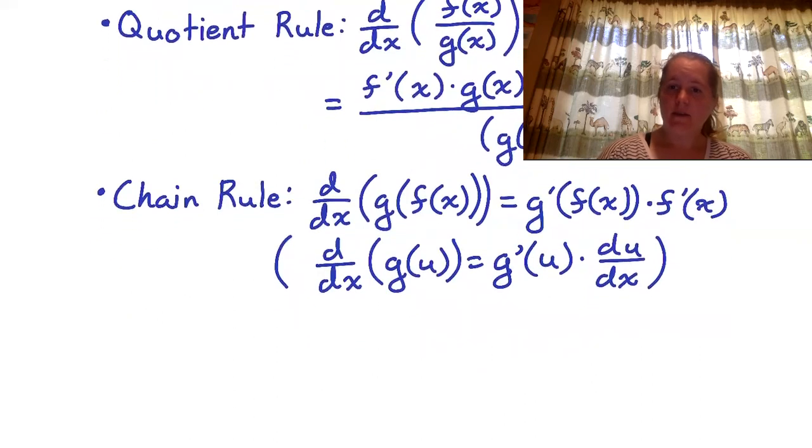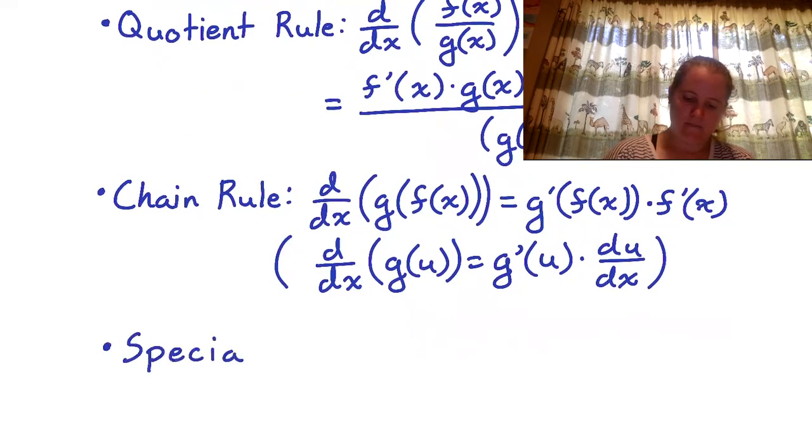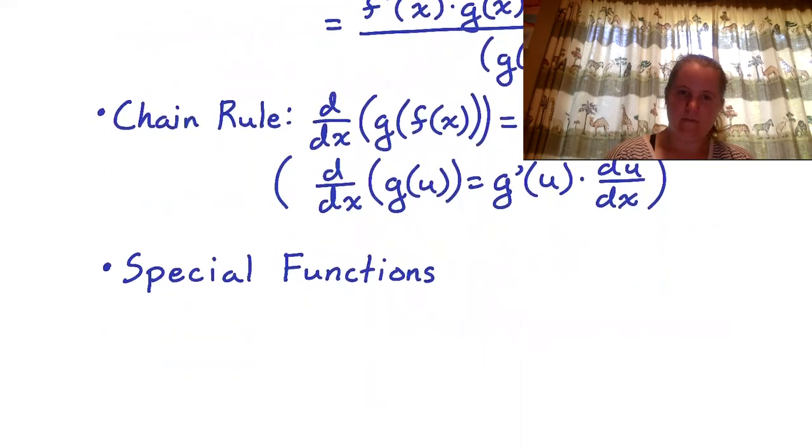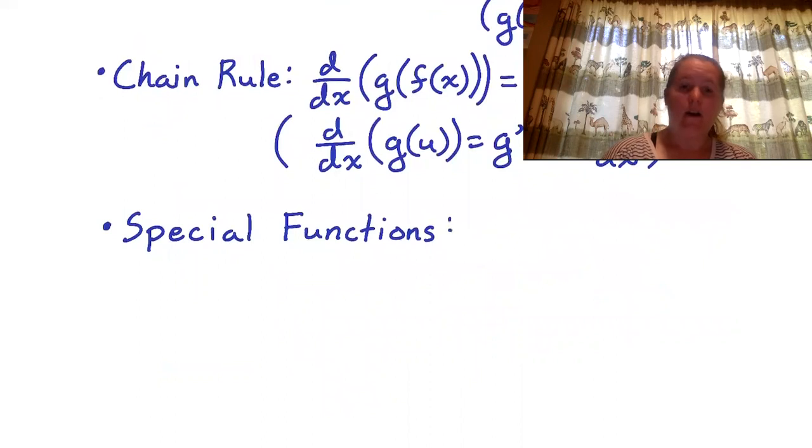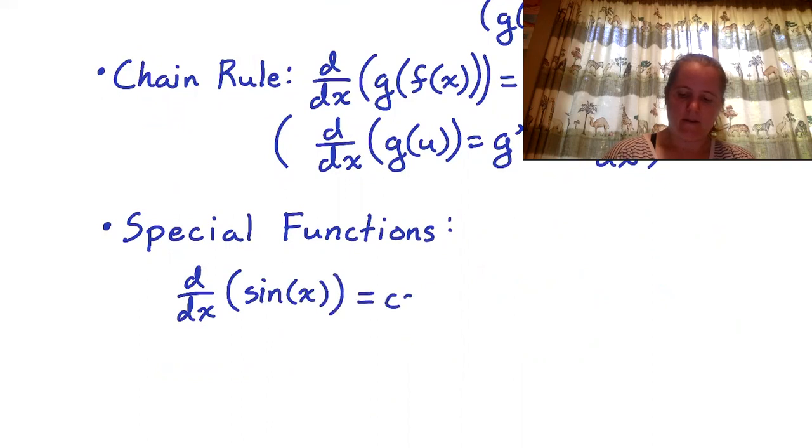Beyond these, we had some special derivatives. For special functions, we had all of our trig functions. The derivative of sine of x is cosine of x.